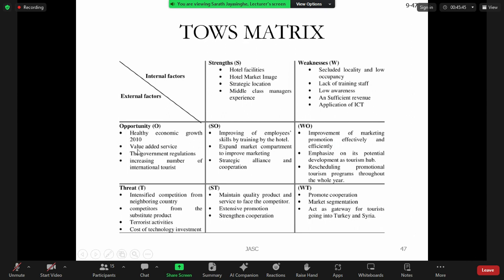Then you can use this matrix, the TOWS matrix, and list here weaknesses and strengths. Then compare and try to develop new strategies. These strategies are coming under this middle part: SO strategy, WO strategy, ST strategy, and WT strategy.